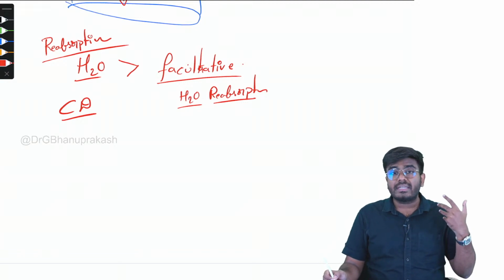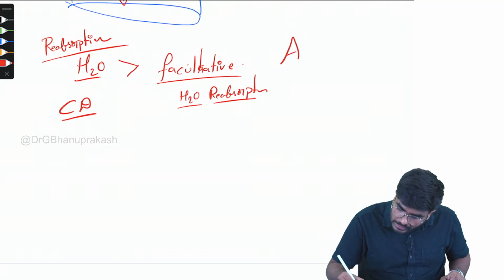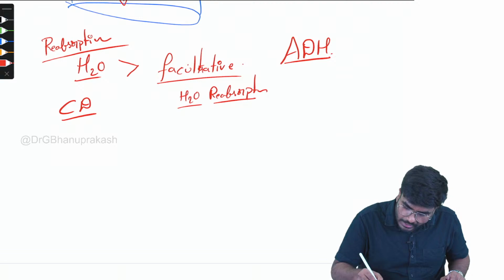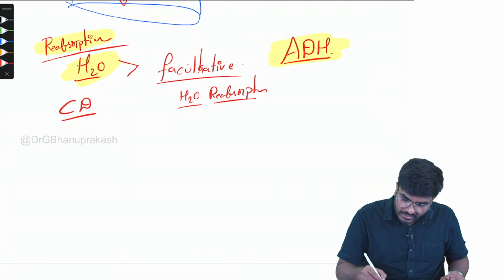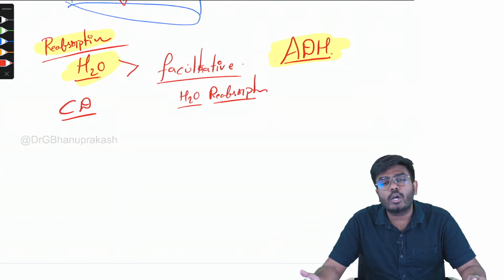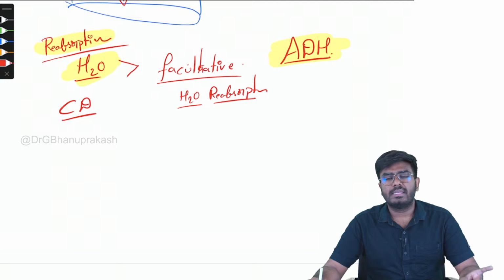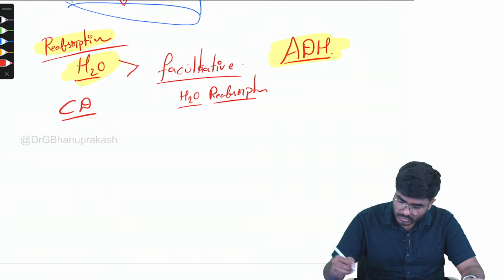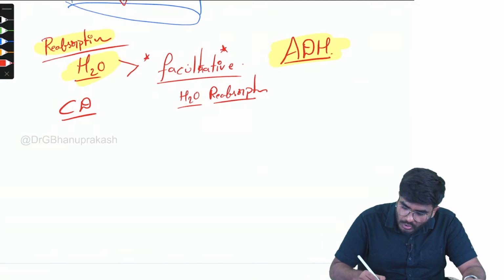What do I mean by facultative reabsorption? Only under the influence of antidiuretic hormone. If there is antidiuretic hormone, water reabsorption will be there. If there is no antidiuretic hormone, there are no aquaporin 2 channels, and water reabsorption cannot happen. So water reabsorption is dependent on a hormone. That's called facultative water reabsorption.